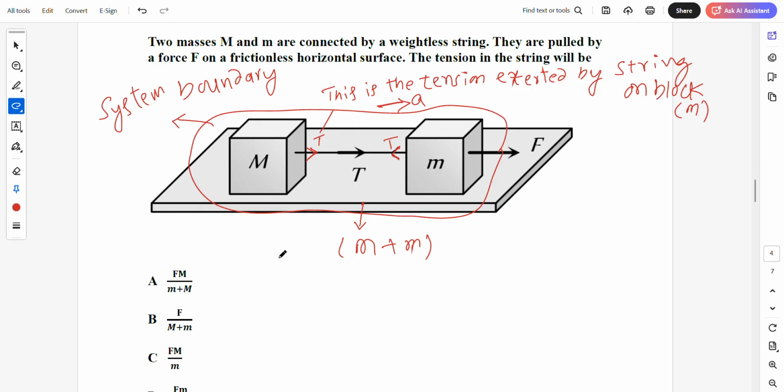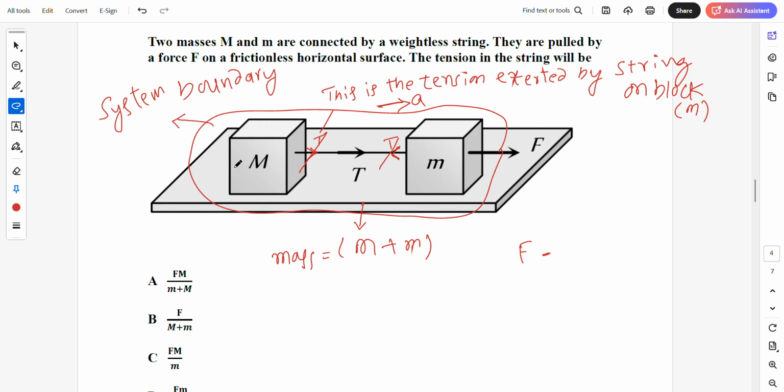Mass is equal to M plus m. Now this T and this T get cancelled. These are internal forces that get cancelled. If I use the system boundary technique, only the external force F will be there. Now I will apply Newton's laws here. The driving force, that is F, minus the opposing force.